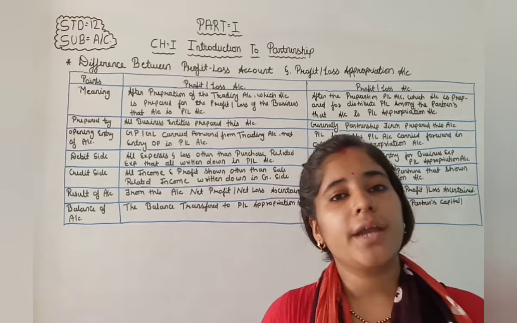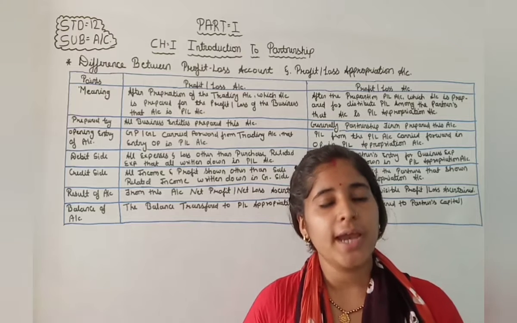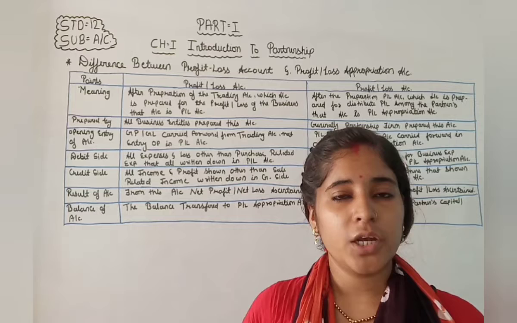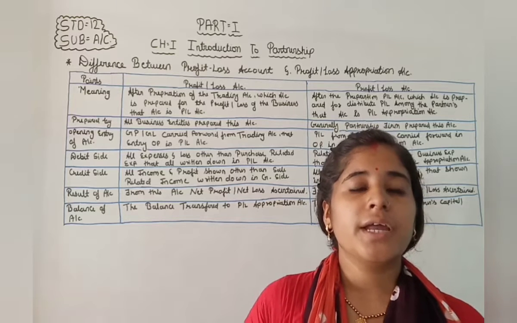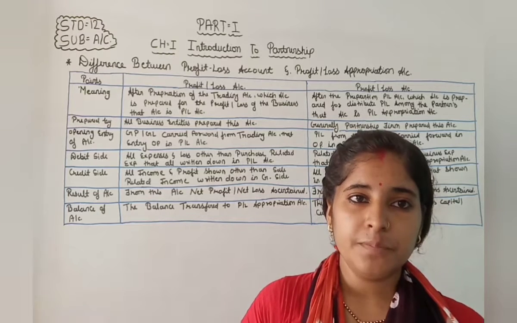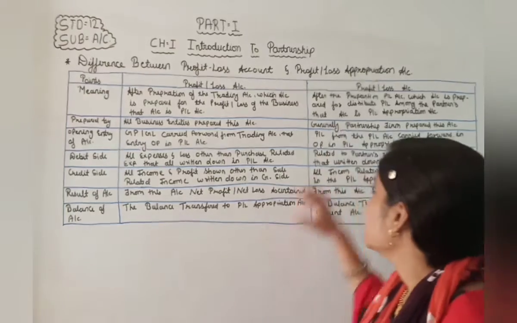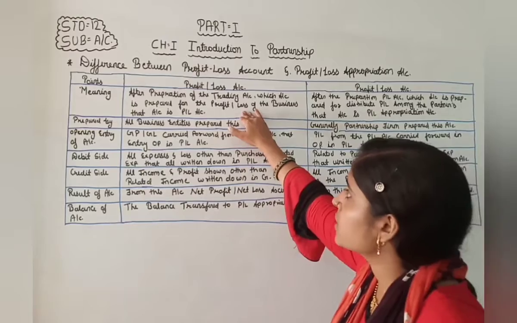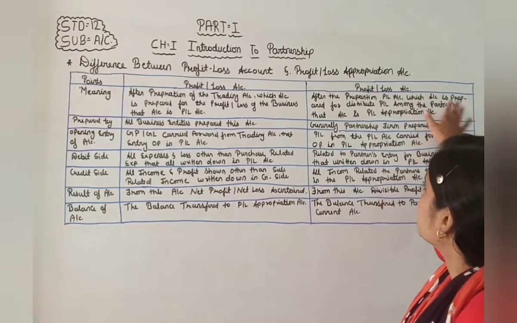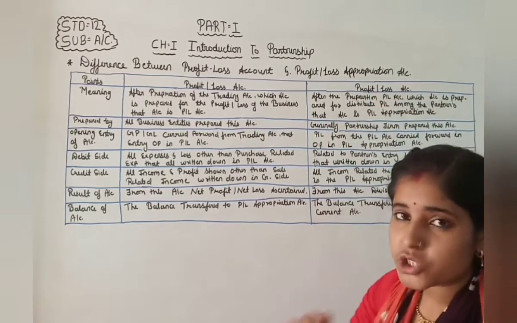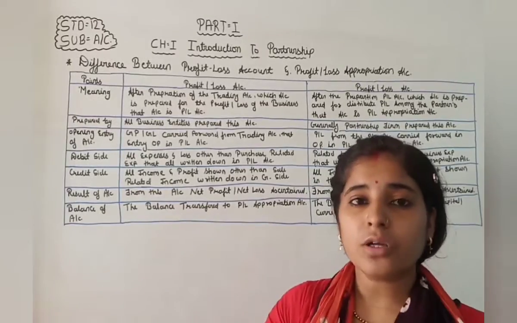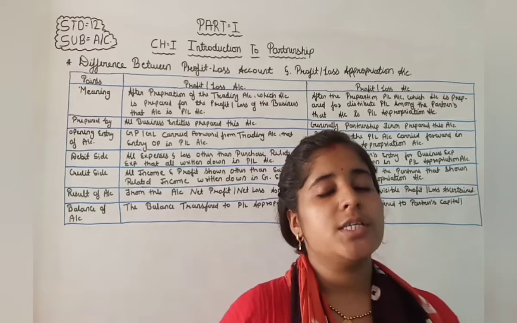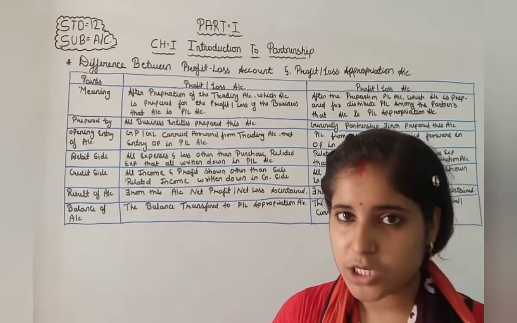So after the trading account we prepare the profit and loss account to check the net profit and net loss of the business. Next, after the preparation of the profit and loss account, the account which is prepared for distribution of profit and loss among the partners in the partnership firm is the profit and loss appropriation account.